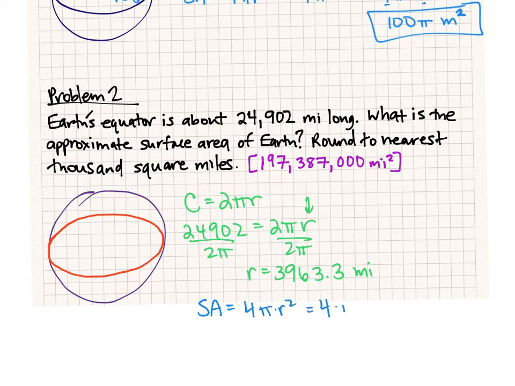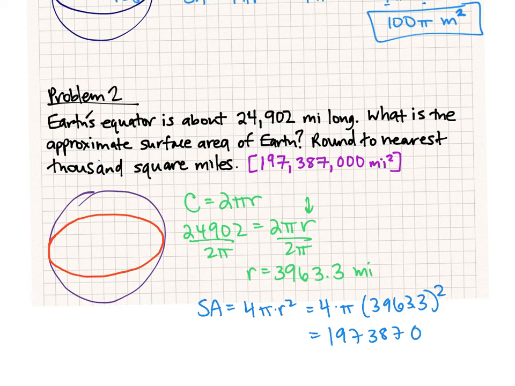All right, and then we can plug into our surface area, which is 4 times pi r squared. So for pi, radius is 3963.3, and then we're going to square that. So let's square our radius, and then multiply it by 4, and then multiply it by pi, and we get 197,387,0.